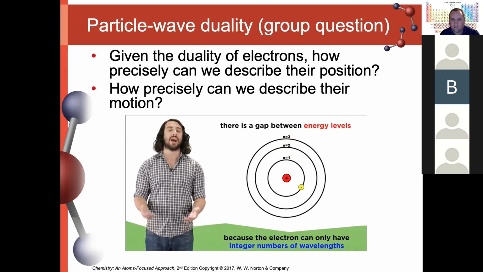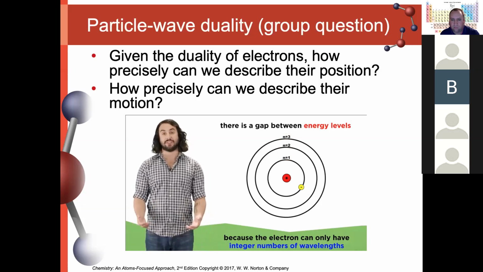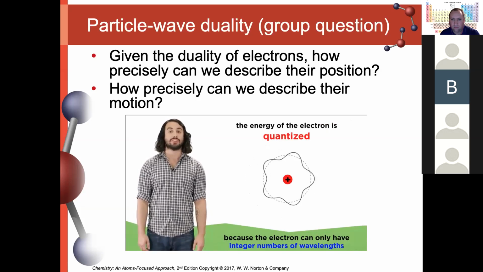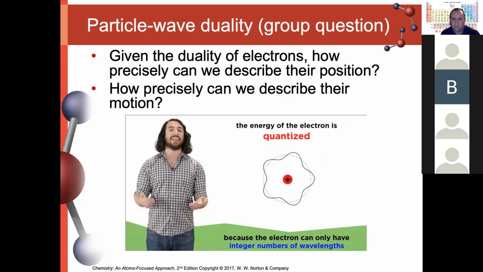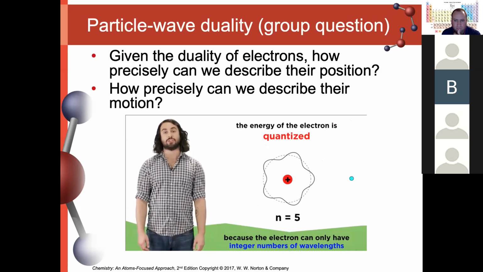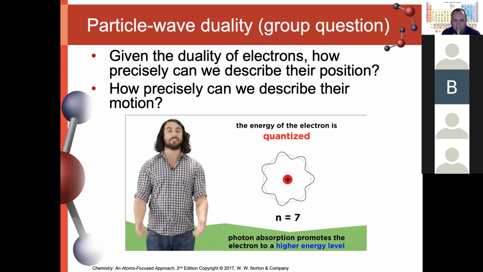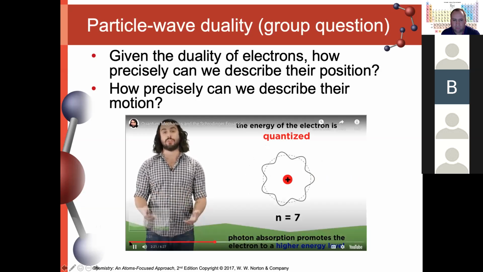This is the reason that an electron in an atom can only inhabit a discrete set of energy levels. The circular standing wave that represents the electron can only have an integer number of wavelengths. When an electron is struck by a photon of a particular energy, this energy is absorbed, promoting the electron to a higher energy state and increasing the number of wavelengths contained within the standing wave.